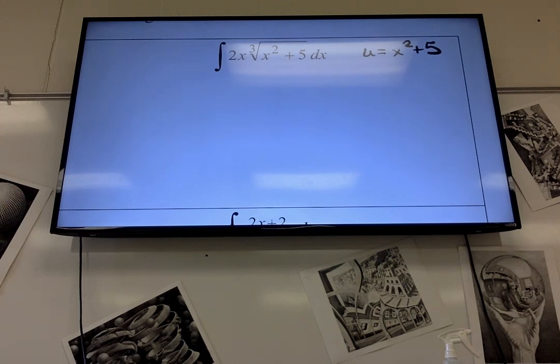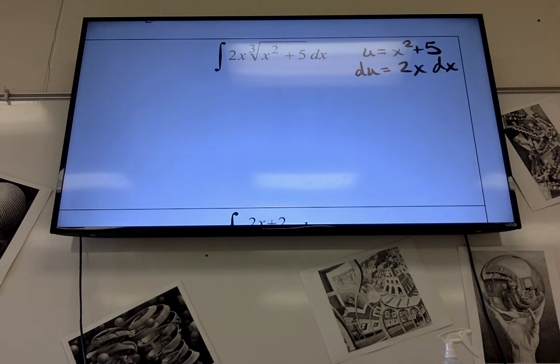Then we do the derivative of u, du, is equal to 2x dx, because you also had to take the derivative of x with respect to x.